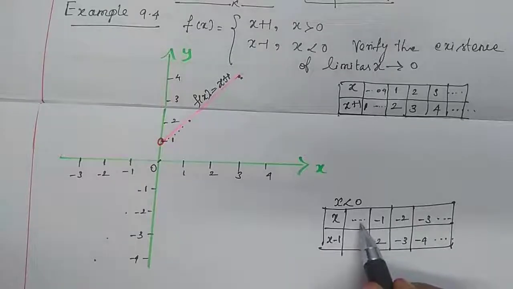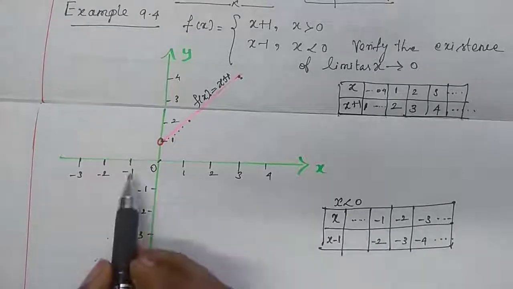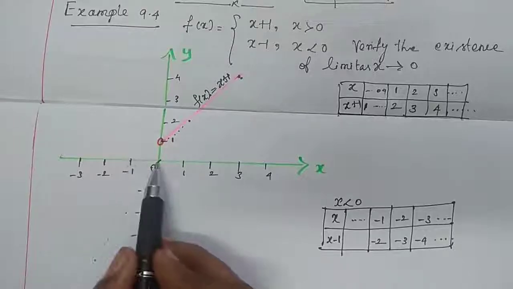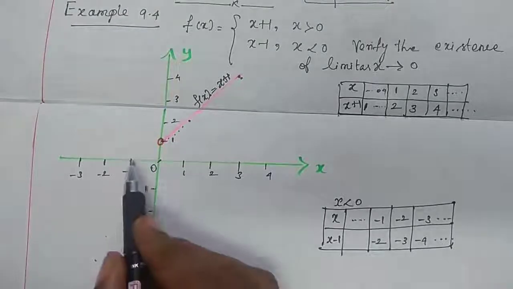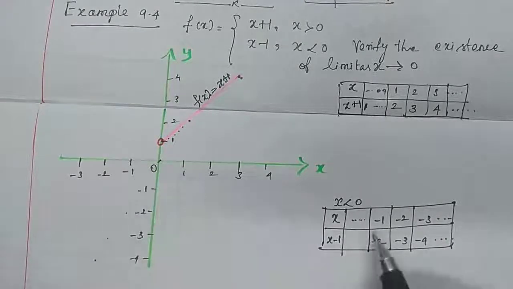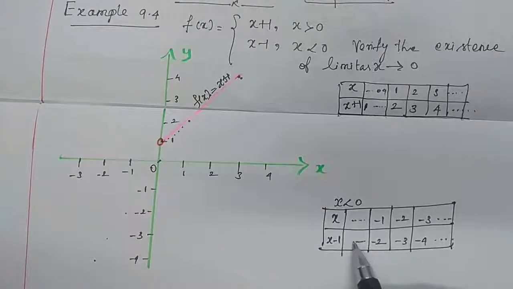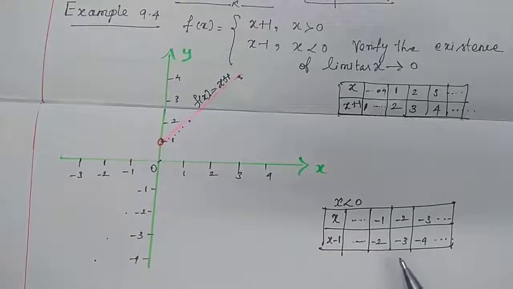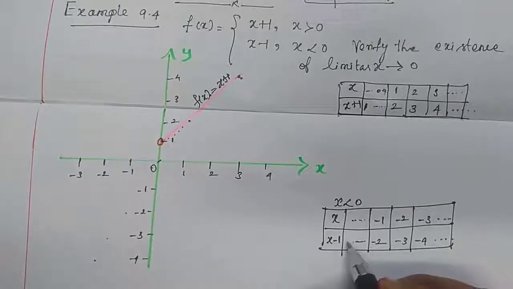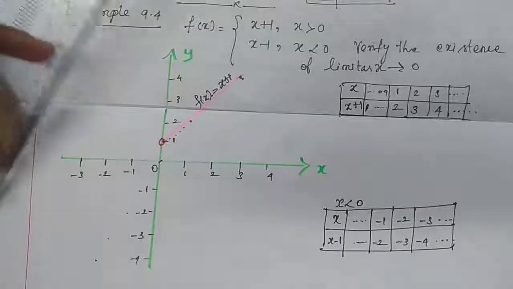Right of minus 1, left of 0, the values are all very close to minus 1 but do not take minus 1. So draw the line through these points.